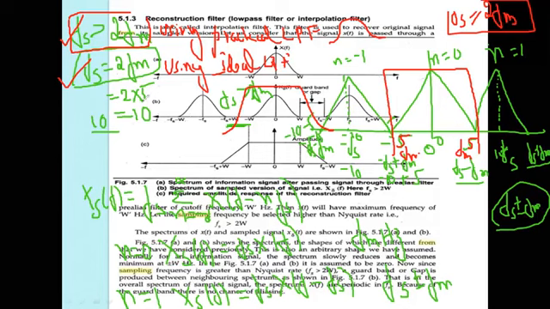Assuming Fm is equal to 5, then Fs is equal to 10 when equal, and Fs is equal to 15 when greater than. It is recovered with this condition only, my dear students, either greater than or equal to. For greater than, we use a low pass filter of practical characteristics, and for equal to, we use ideal characteristics to recover the original signal.